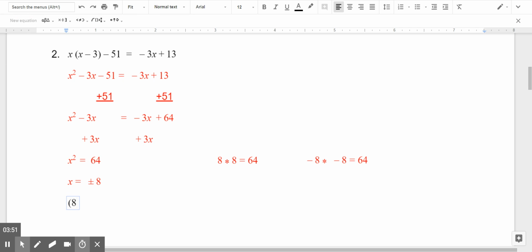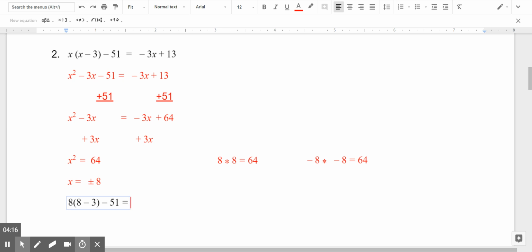The left-hand side, x times x minus 3 minus 51, will become 8 times 8 minus 3 minus 51. I know this is not in red ink. For some reason, my computer is glitching. Please write it down anyway.